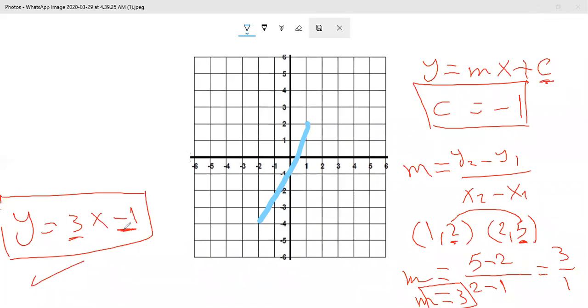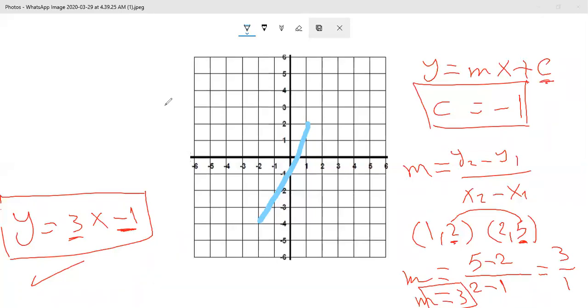Yasmin Nasser, welcome back. Yes, Mister. Can you explain the equation y equals 3x minus 1? Explain it. Because m, the gradient, equals 3. Why?